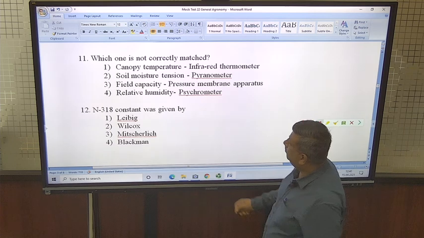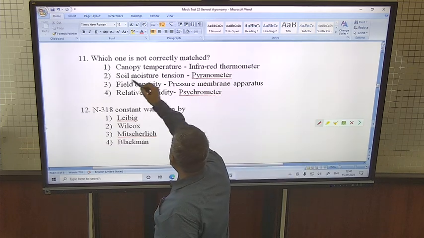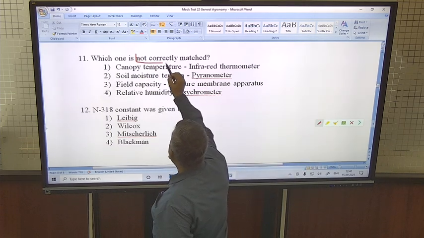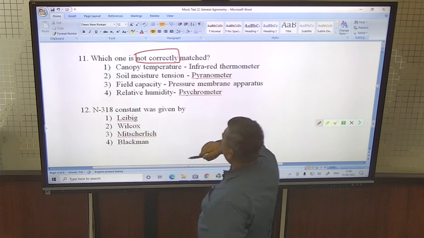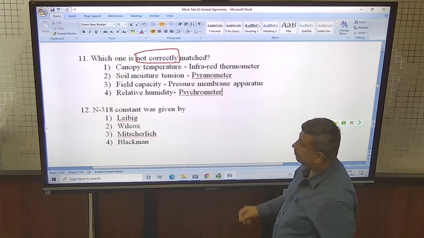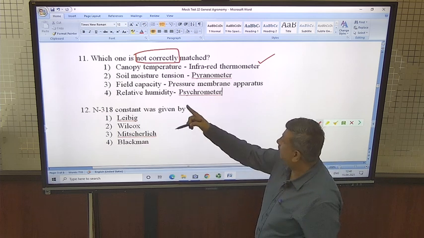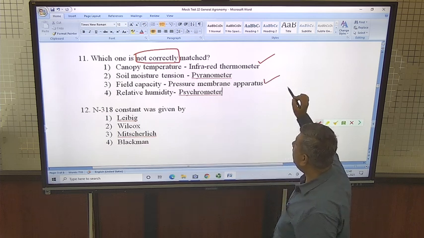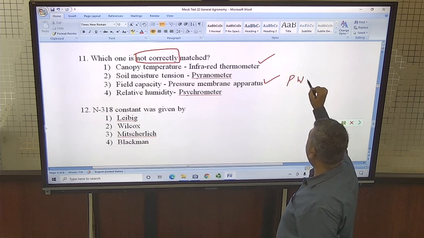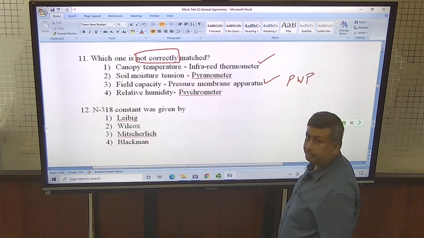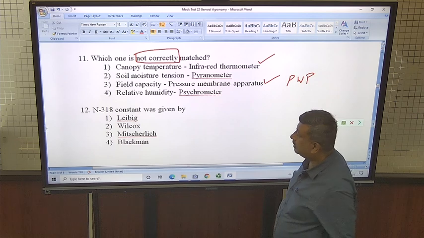Here there is a pair which is not correctly matched. Canopy temperature is measured by infrared thermometer, this is correct. Field capacity and permanent wilting point by pressure membrane apparatus is also correct.